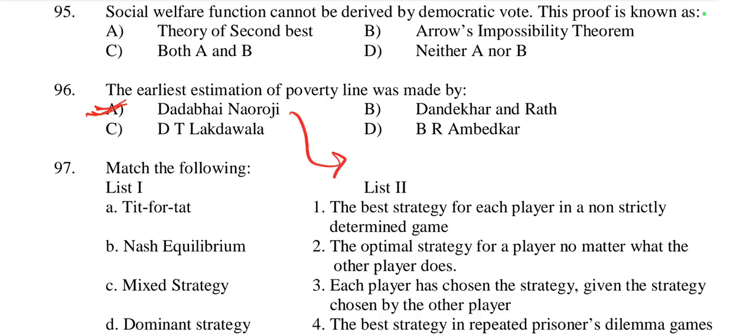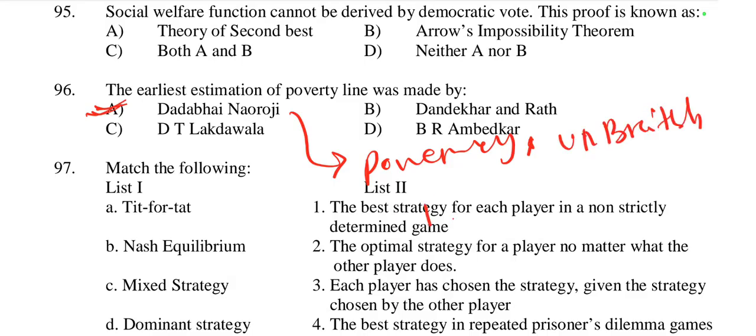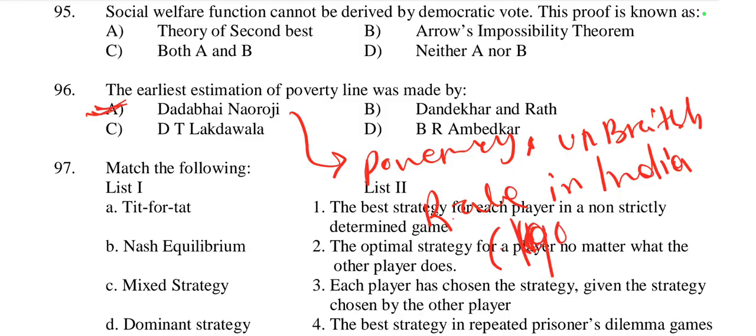Dadabhai Naoroji published a book called Poverty and Un-British Rule in India, which was published in 1901.